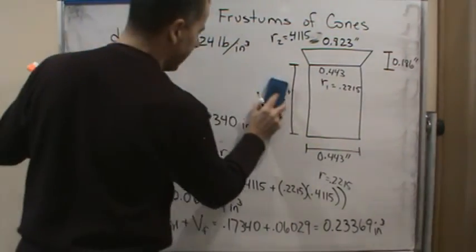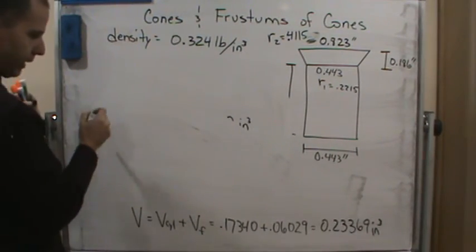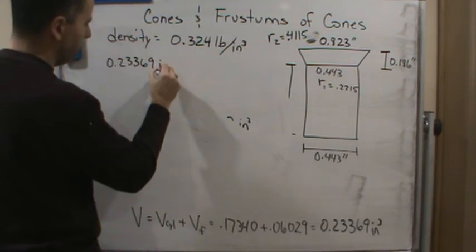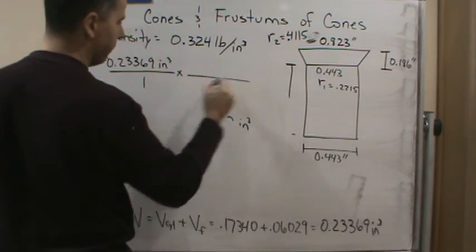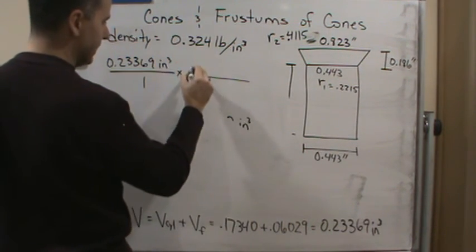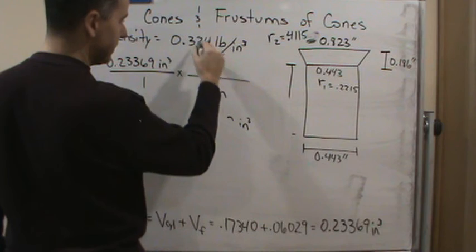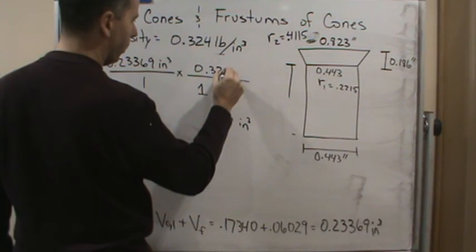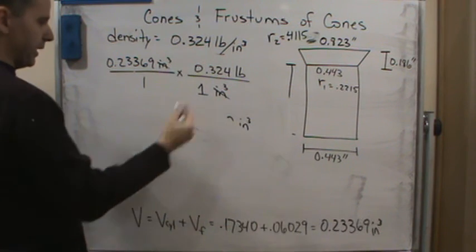If you don't see it, just do your unit conversions. The volume we end up with is 0.23369 cubic inches, and we want the total weight of the rivet. Density tells us that for every cubic inch, I have 0.324 pounds, so the cubic inches cancel.